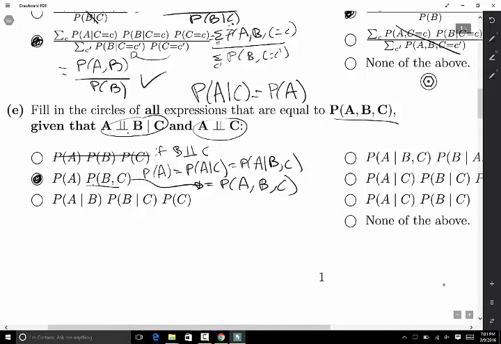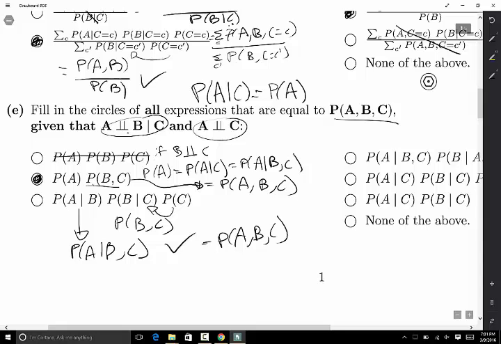For the third option, we can chain rule this into probability of B and C. And this term, just as in the previous part, is equal to probability of A and B and C. So we get A and B and C as the product using the chain rule.